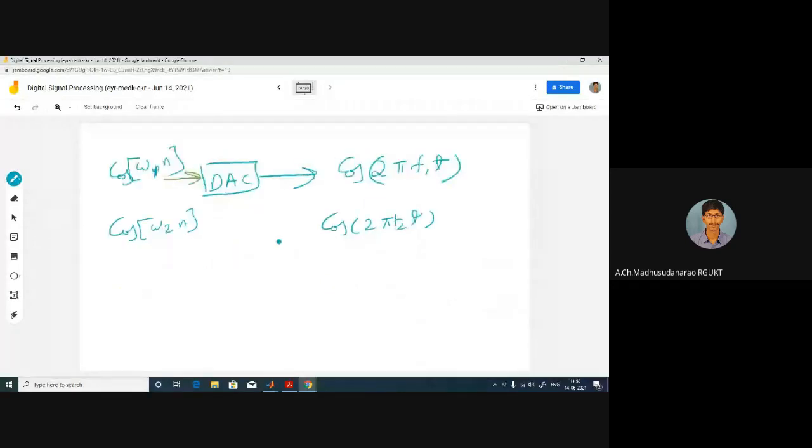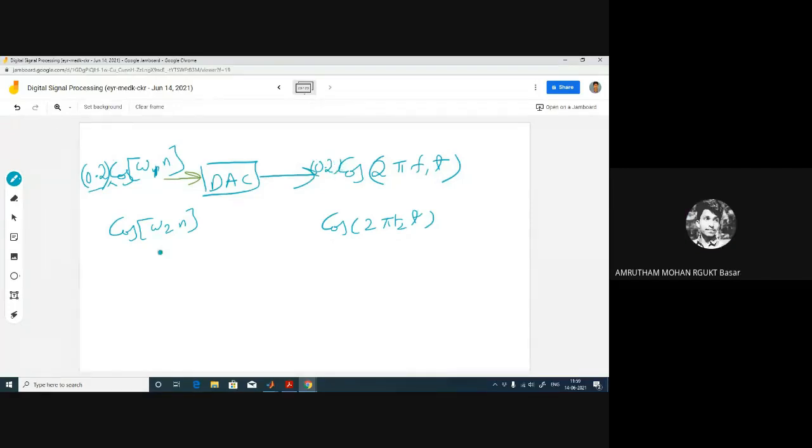For suppose I multiply this with 0.2, then what is my output? What can be my output? See, when my input is cos omega 1 n to this digital to analog converter, output is cos 2 pi f1t. If I multiply with 0.2, after reconstruction, I am going to get 0.2 only.